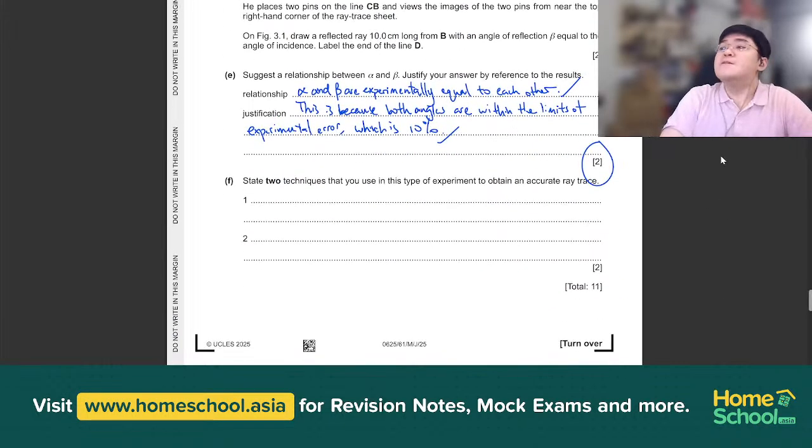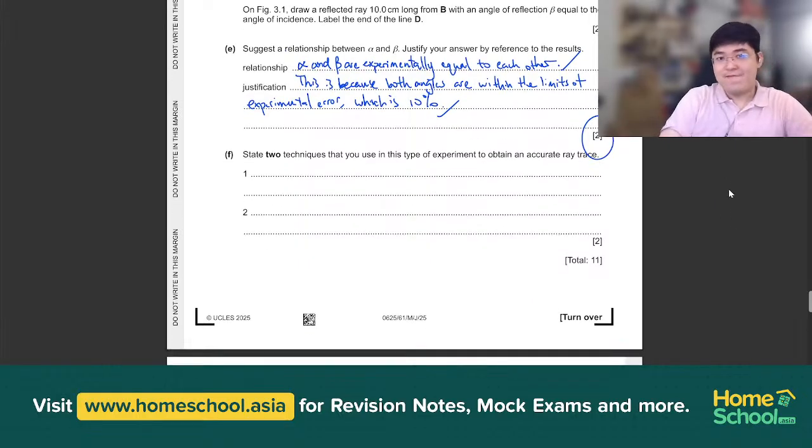Next, part F. We are to suggest 2 techniques to use in this experiment to obtain a very accurate ray trace. So, 2 marks for 2 valid points. How do we do so? Number 1, if you are doing a ray trace, you need a sharp, well-defined line. To do that, you need a nice sharp pencil to draw that line.